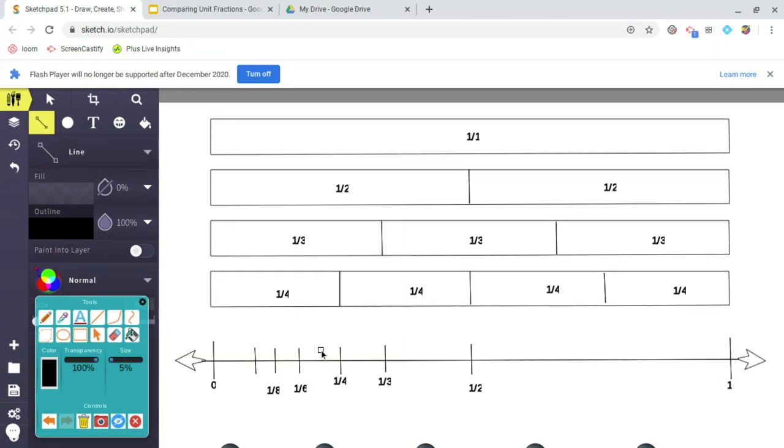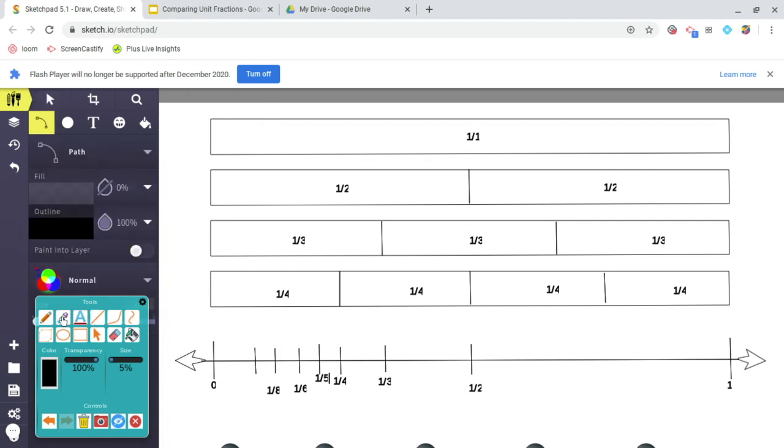Okay, and we know that because if we look at the pattern, as the units get smaller, the unit fractions get smaller, the denominator or number on the bottom gets bigger. So right here is where 1/5 would be.